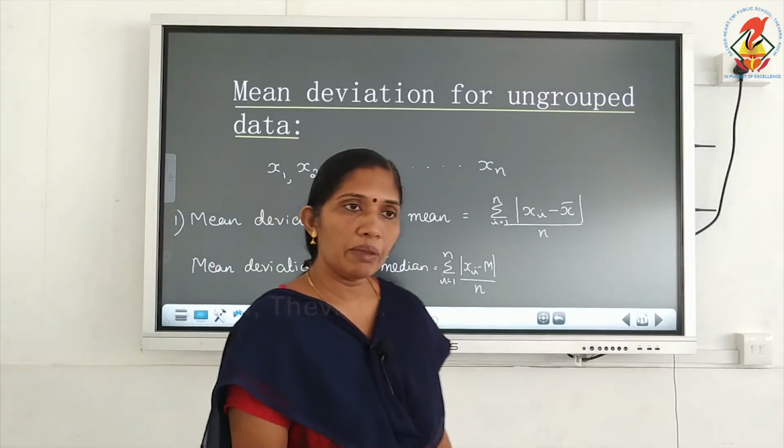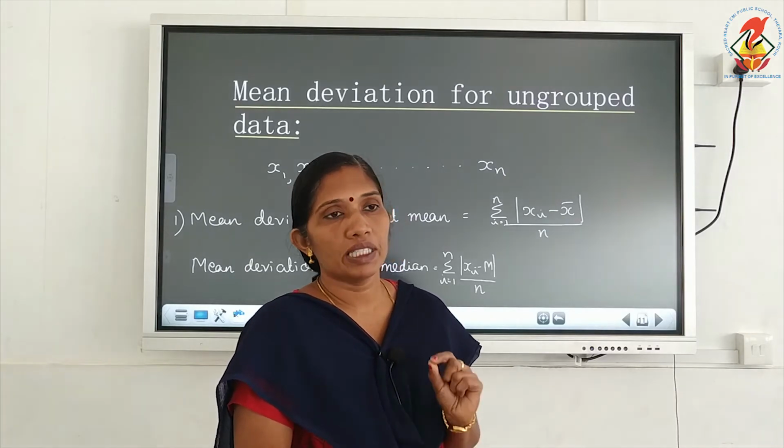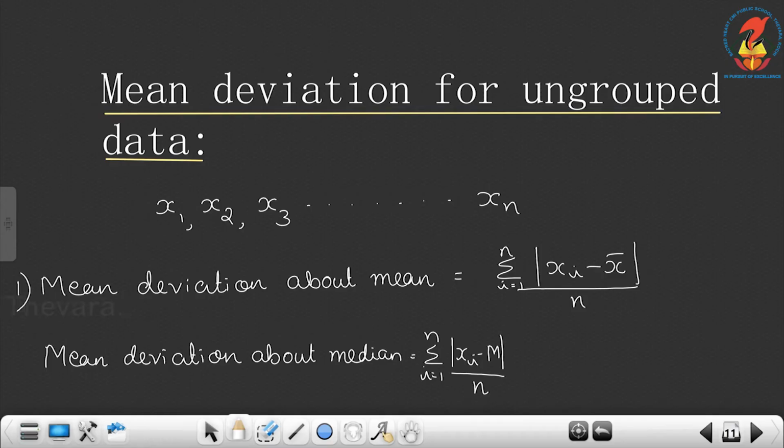First you have to find the mean. Mean is x bar. How to find x bar? If x1, x2, etc., xn are the n observations, x bar is equal to sigma xi by n, where i is from 1 to n.